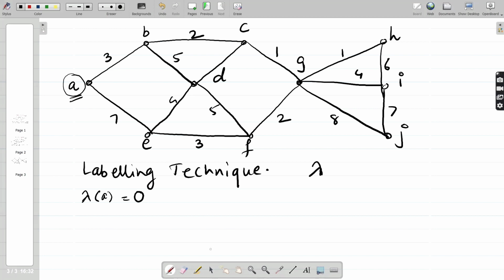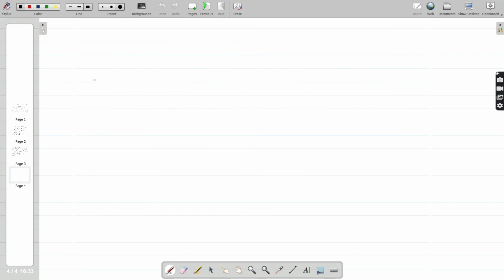For the others, I want to find the distance between A and B, A and C, A and D, and so on. Those are right now unknown to me, so all other values will become infinity. Later on, we will replace them. This is the way we prepare the table. First of all, we consider the vertex, then we consider the labels, and then we consider T, the temporary set.